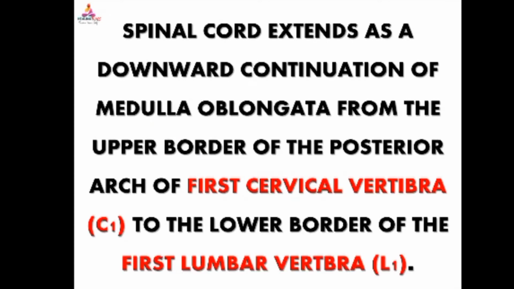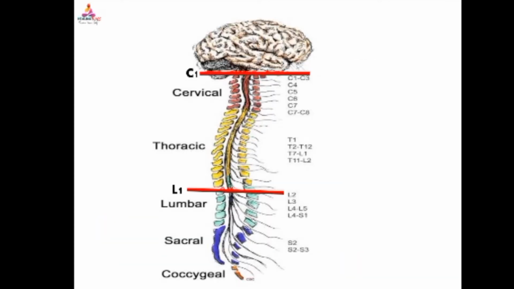Spinal cord extends as a downward continuation of medulla oblongata from the upper border of the posterior arch of first cervical vertebra to the lower border of the first lumbar vertebra. See the picture, C1 to L1.